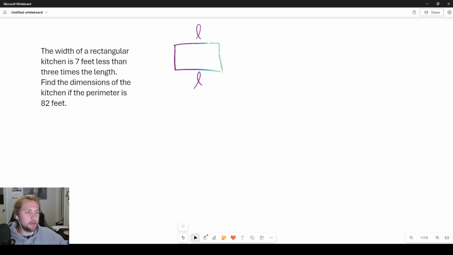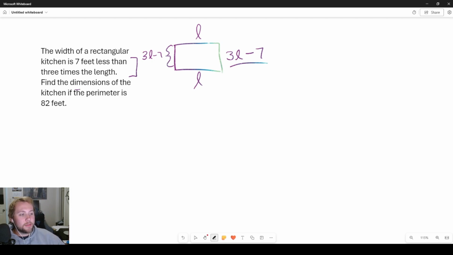So break just that part down. If you have 3 times the length, what do you need to do to it to get it equal to the width? Well, the width is 7 feet less than 3 times the length. So you got to take 7 away from 3 times the length. And remember, that's not just on this width, it's on this width as well. So you have 3 length minus 7.